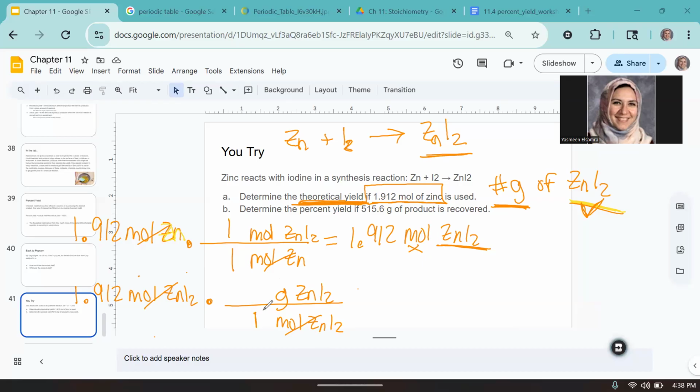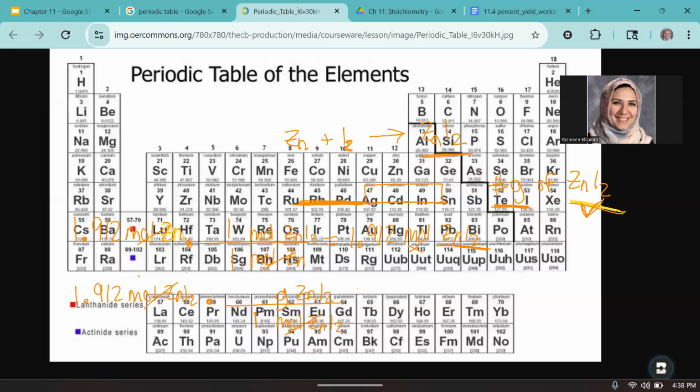So this is where I take out my handy dandy periodic table and I see where zinc is. Zinc is right here. It's 65.3. Okay.